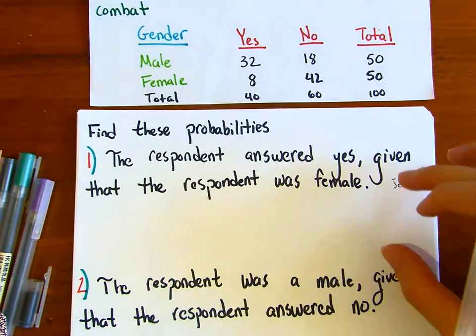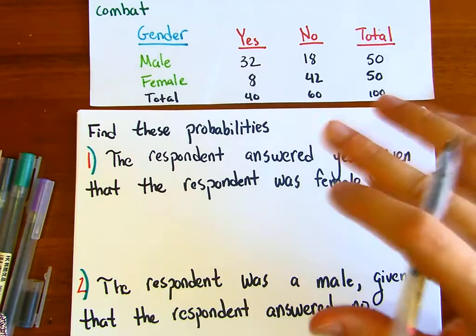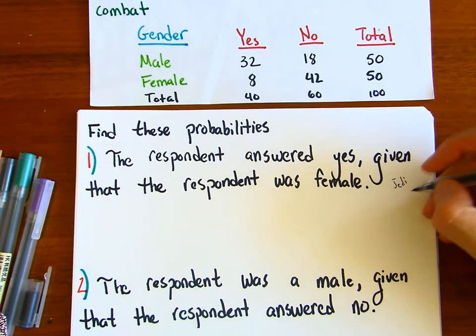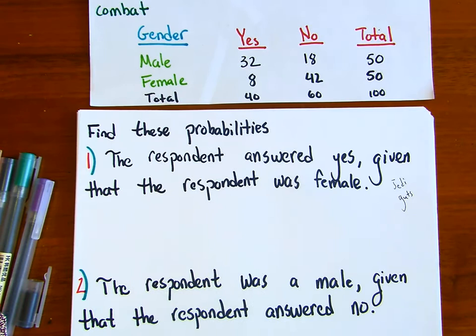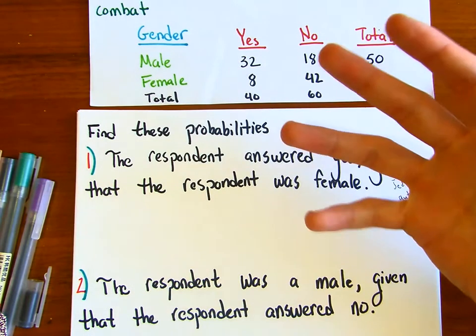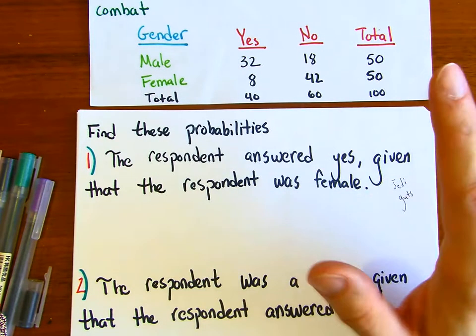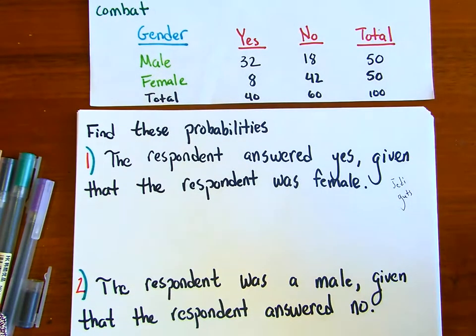Try to find this on your own, just use your gut. Pause the video and really try to figure out what you think the answer is. Don't worry about any formulas from before. Just try and do it on your own. So let's take a look here.